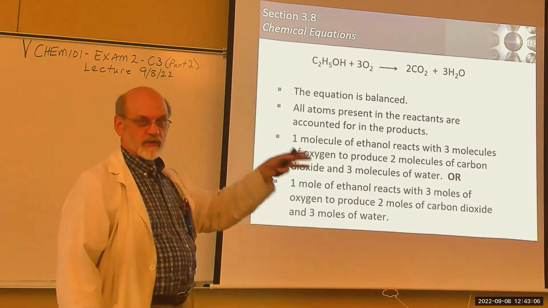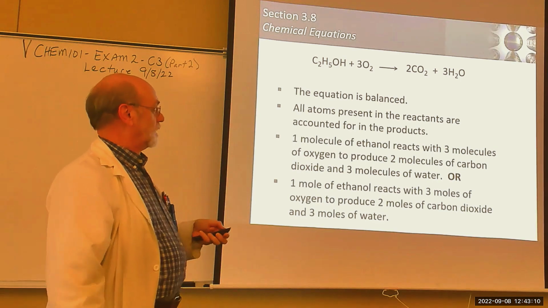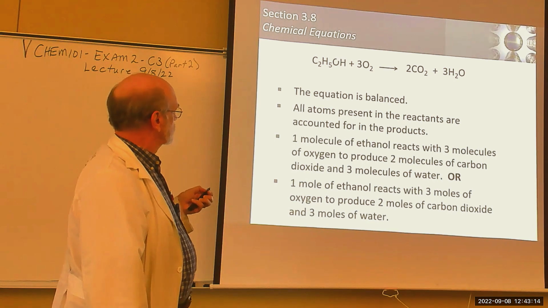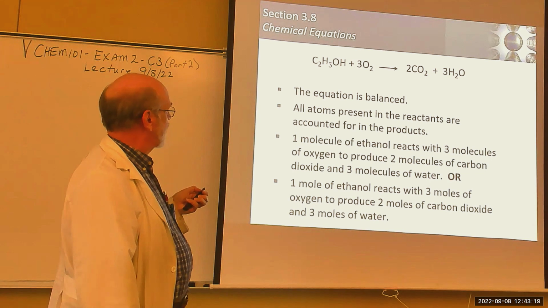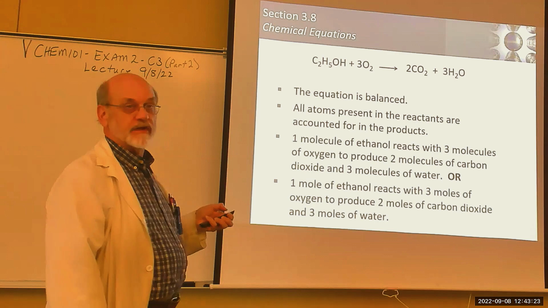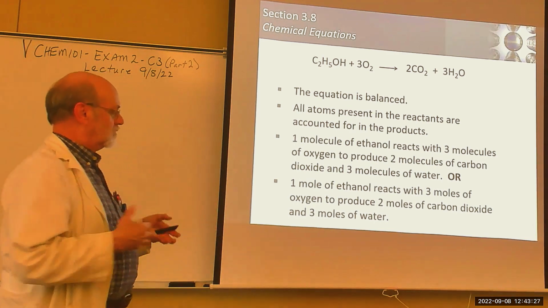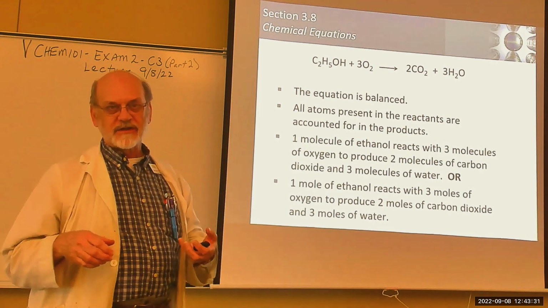Everything that was on the left shows up on the right. Hydrogen: 5 plus 1 is 6 hydrogens, and 2 times 3 is 6 hydrogens. So this equation is balanced. What we want to do is learn how to take an unbalanced equation and balance it.